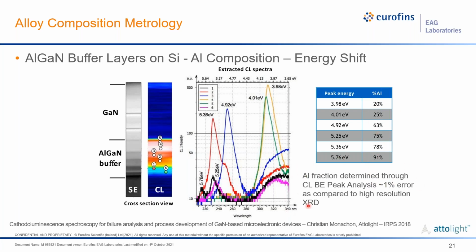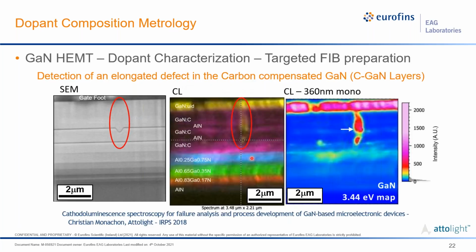This is compared with XRD data, and we find that there's very good agreement between the two. And so we have an effective way to quantify the composition of the AlGaN in very thin, small regions that may be very difficult to do otherwise.